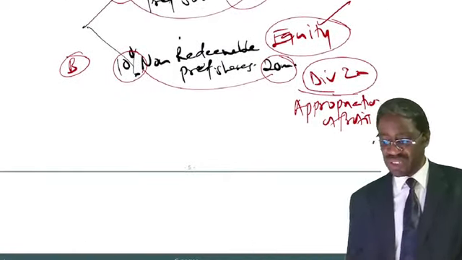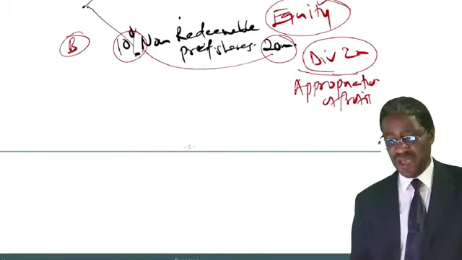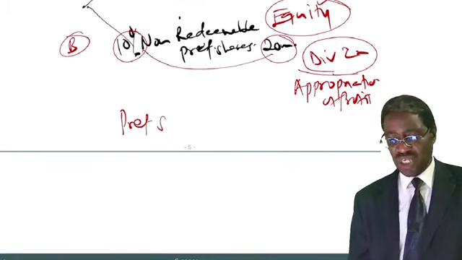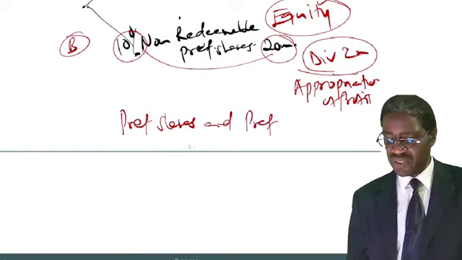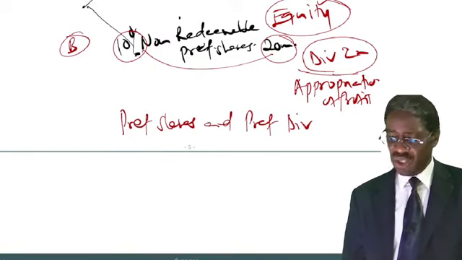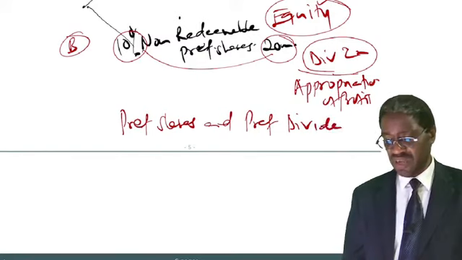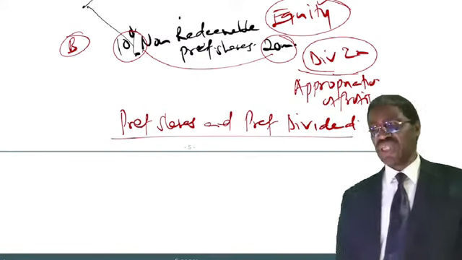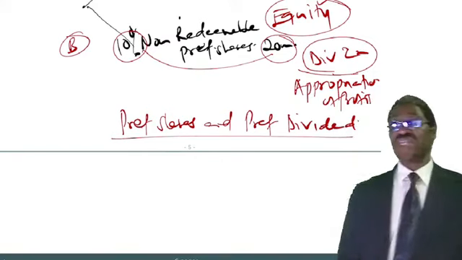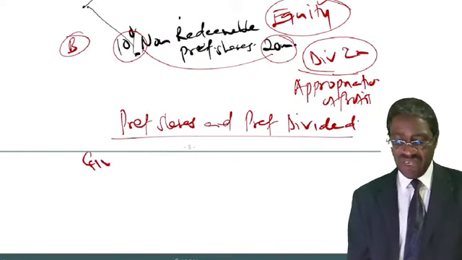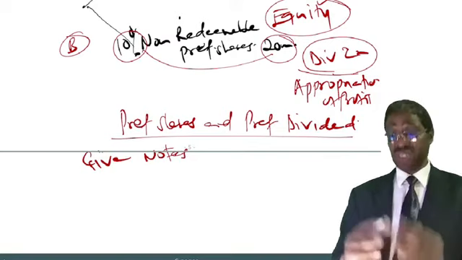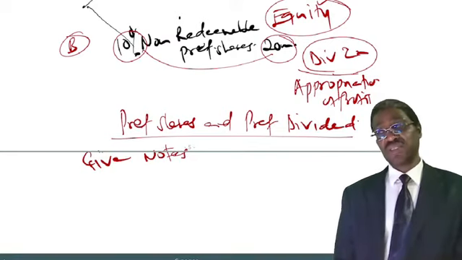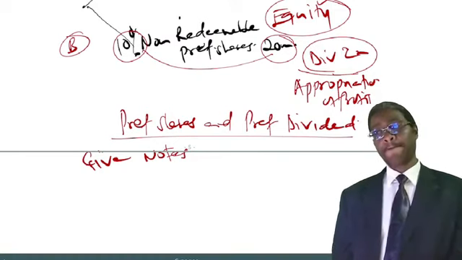Maybe you can put down the subtopic, call it preference shares and preference dividends, so that next time I'll start by giving the notes. Let me even write there, give notes. We shall put down the summary notes for that. Then we proceed. Okay?